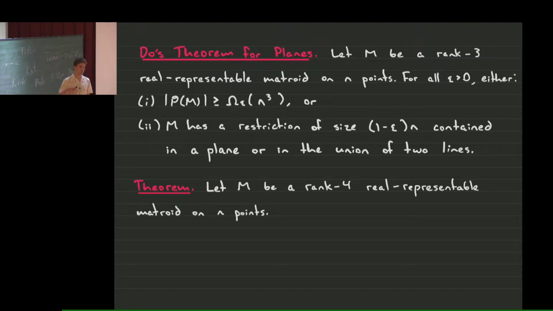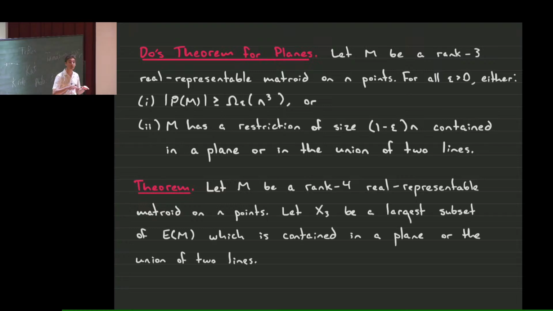So, with Beck's theorem, we're counting the total number of lines in terms of a largest line in the matroid. What we're going to do here is first pick out a largest subset of the ground set that's contained either in a plane or the union of two lines, and we'll call that x3.